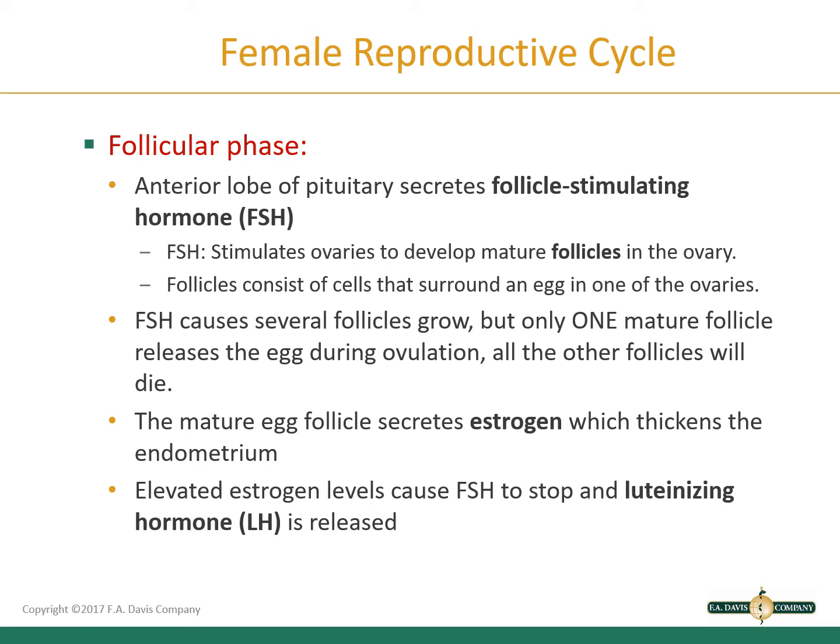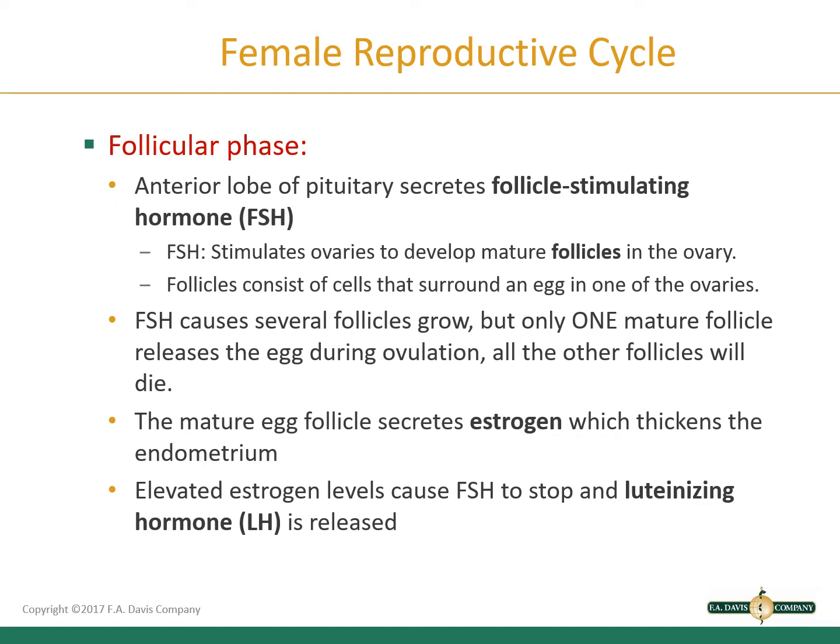So eventually there's going to become one follicle in your ovary that becomes the dominant follicle. So that dominant follicle, the most mature one, is where the egg that will be released at ovulation comes from.